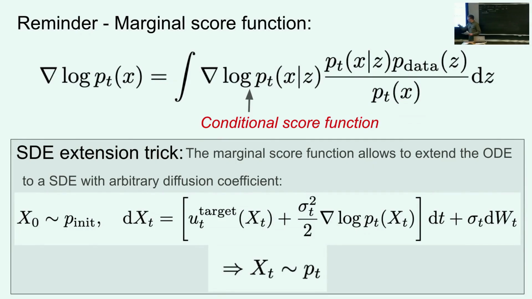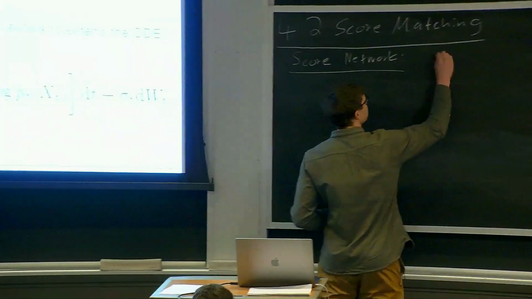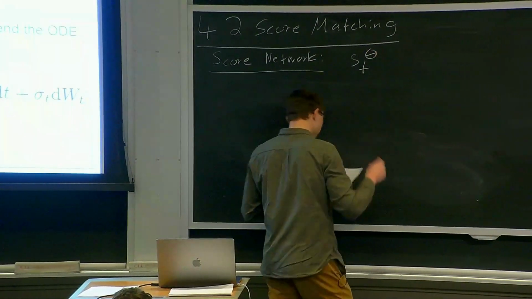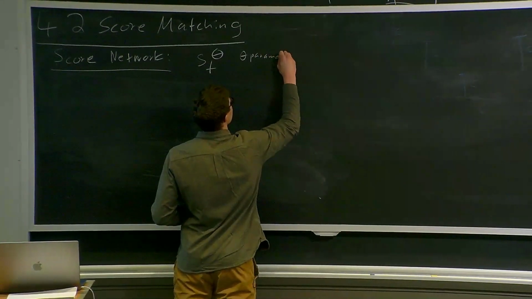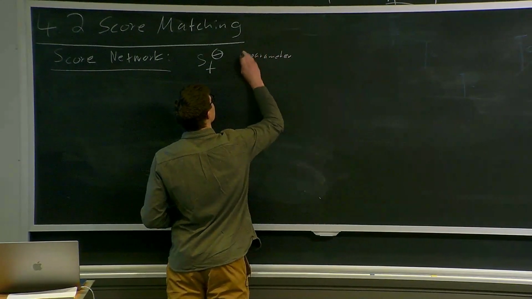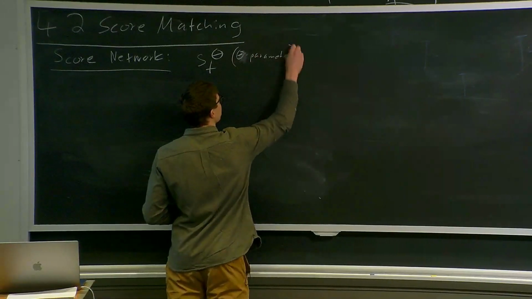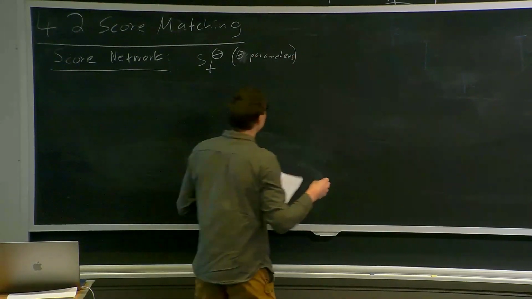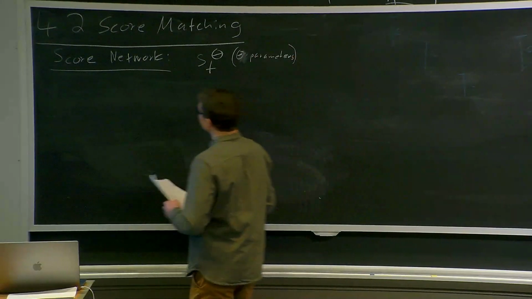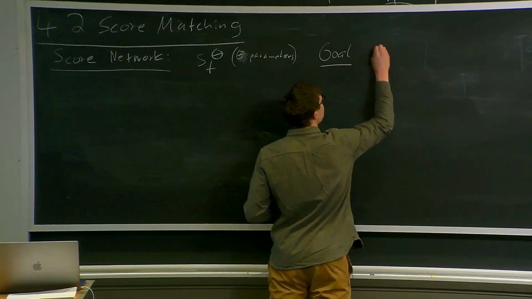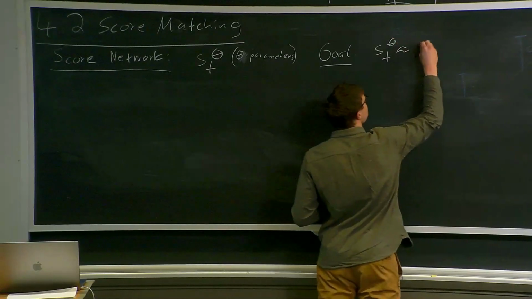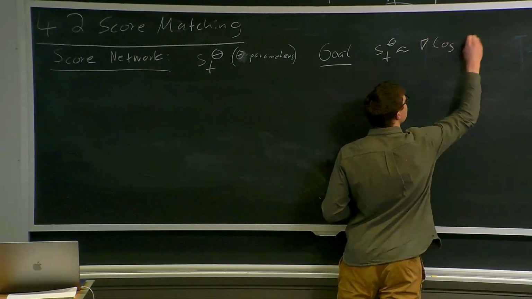So what do we do? If we want to simulate an SDE like this, I've just shown you an algorithm to train this object. Let's learn this object. We have a score network, s_t^theta, where theta are the parameters again. And as before, our goal is that s_t^theta approximates the marginal score.